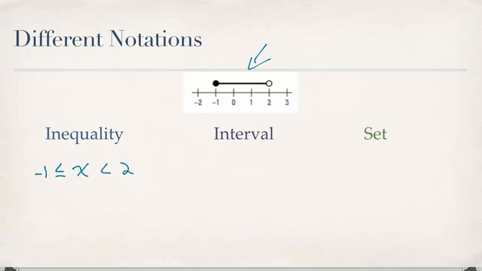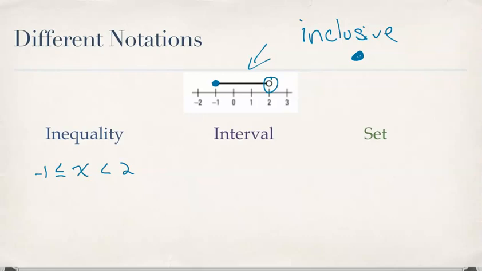You would use greater than or equal to because of this closed dot right here, and you would use strictly less than 2 because of this open dot right there. You have a closed interval or an open interval, and we can say that the interval is inclusive if the dot is closed, and not inclusive if the dot is open. So that's how you write that in inequality notation.